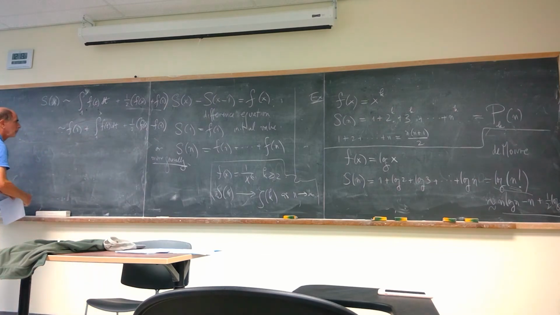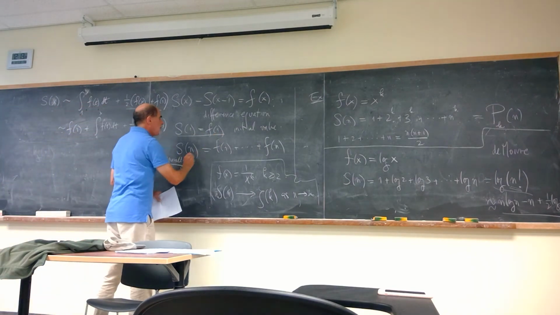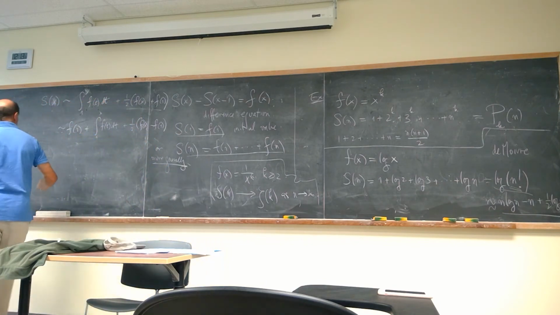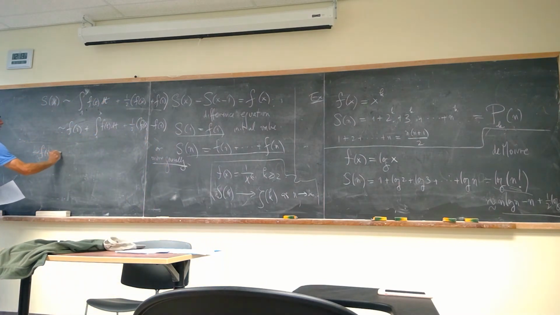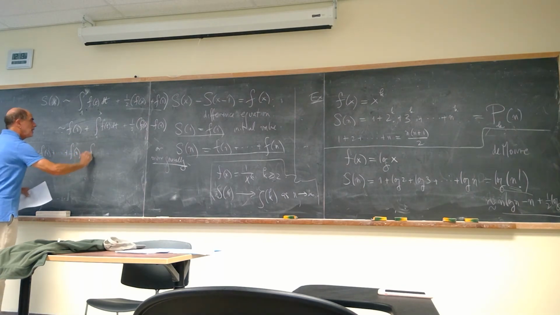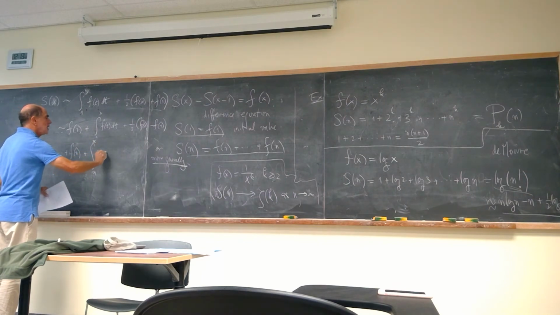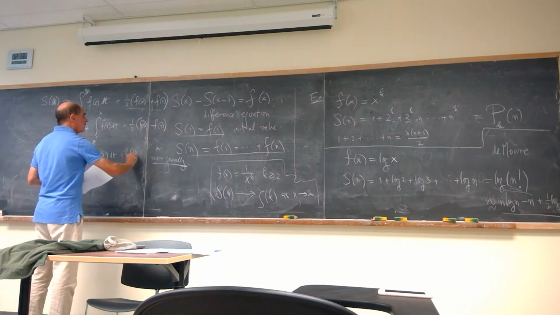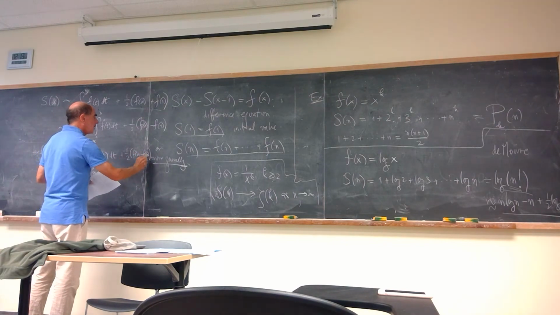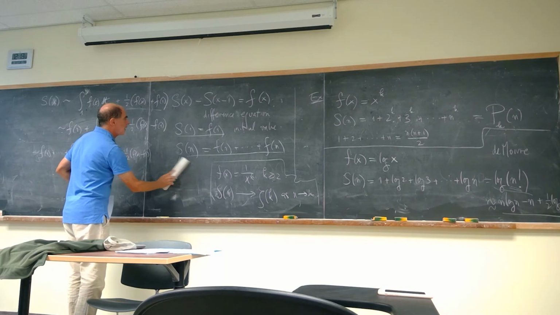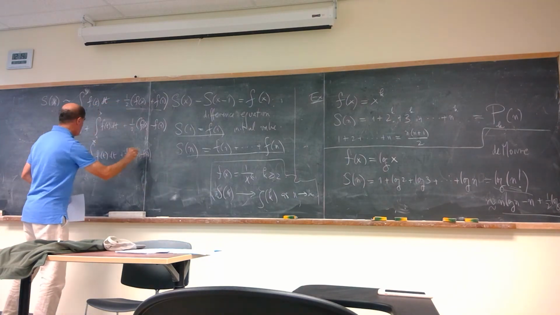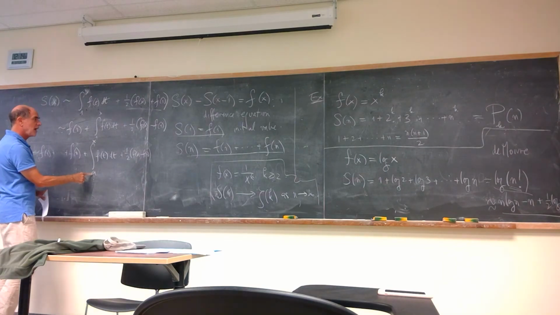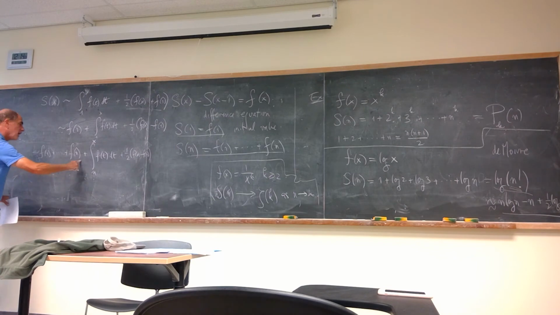Okay, but we could also do it, if we didn't want to do this initial condition, but wanted to do this initial condition where we had a little bit more data on f, we could also say it's about f of 1 plus f of n, and then we can take the integral from n to x of f of t dt, and then we take plus 1/2 of f of x minus f of n to arrange the correct initial condition, because in this integral it's 0 when x is equal to n, and we want it to be equal to this, so we have to have this to make sure it's equal to 0.